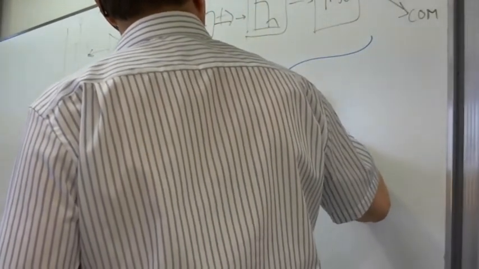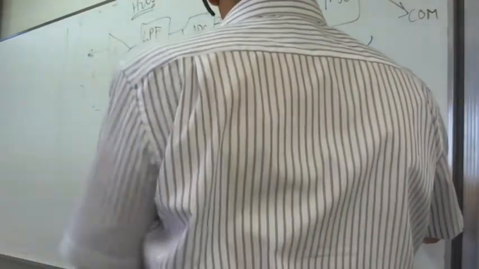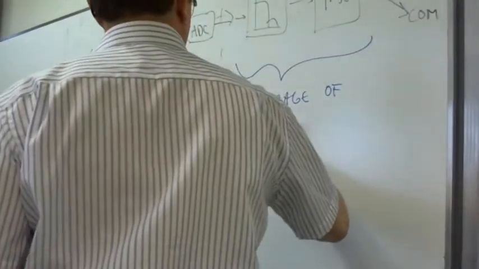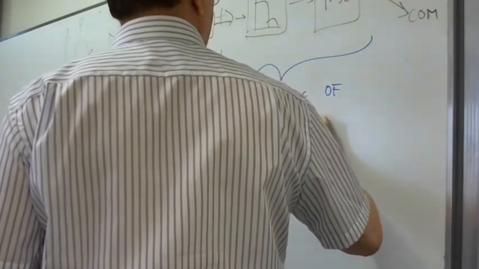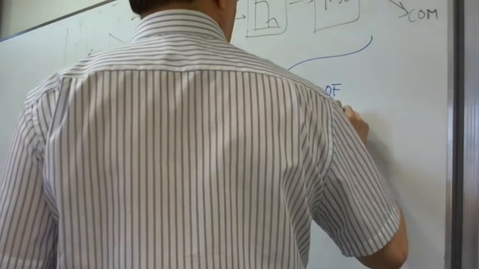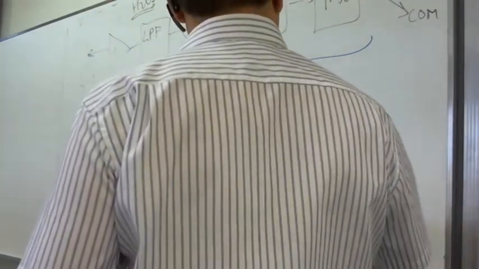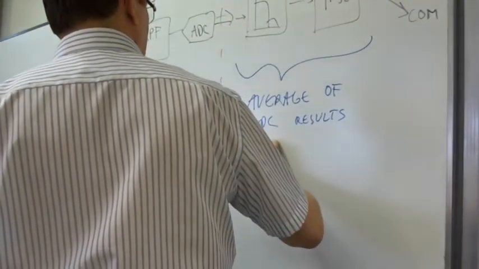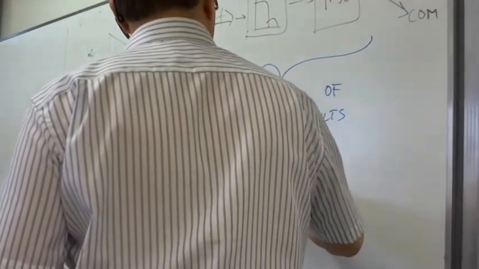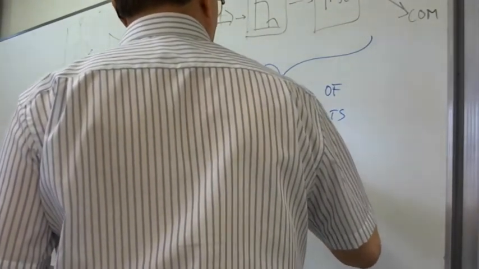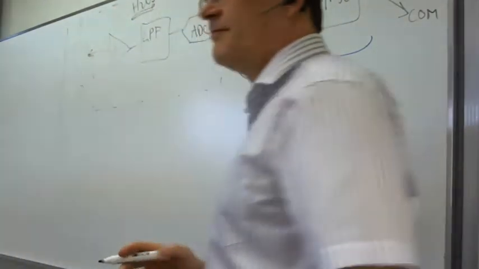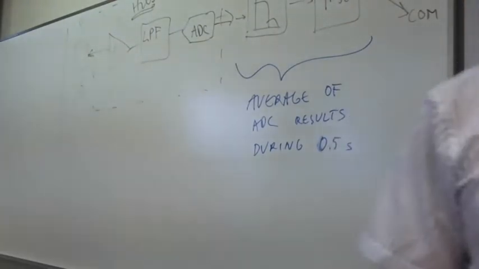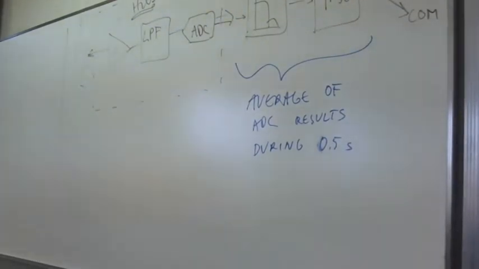So we calculate the average of the ADC results basically during that half second. So the final sampling rate is 2 samples per second.